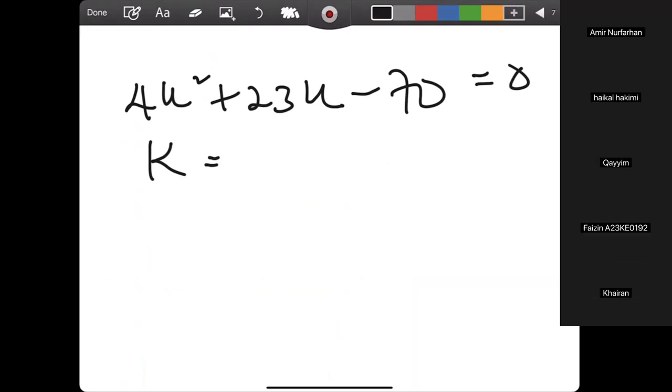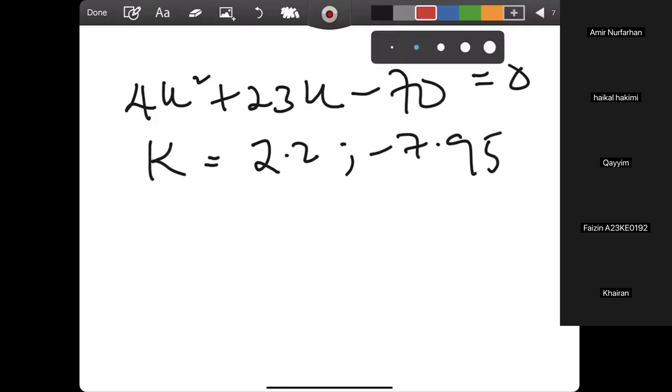Find the roots. 2.2 and negative 7.95. So which one do we choose? 2.2.